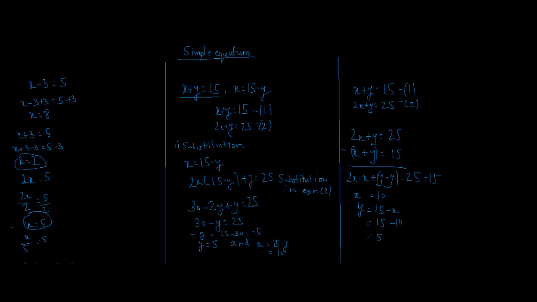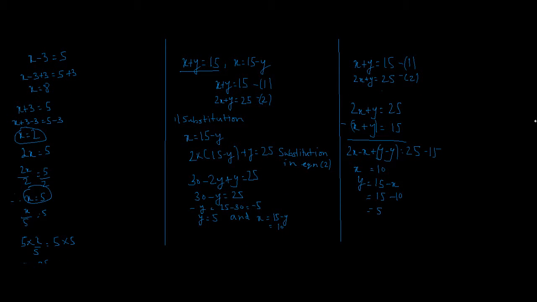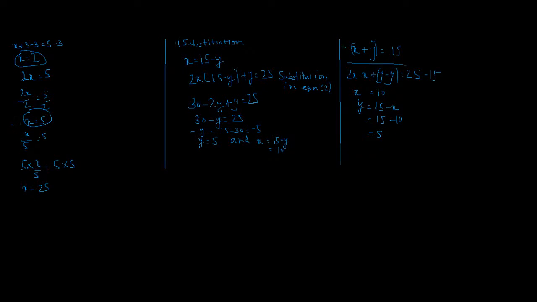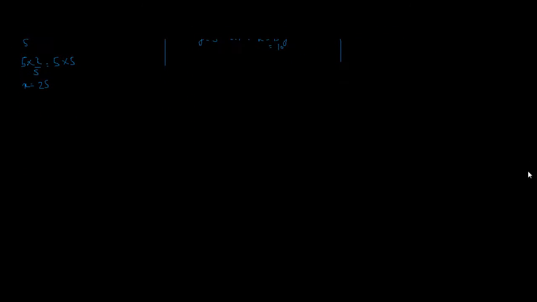Let's see what happens when we come to three unknowns, that is, three equations with three unknowns. The sample equations I would like to take are: x plus y plus z equal to 7; next, x plus 2y minus z equal to 3.